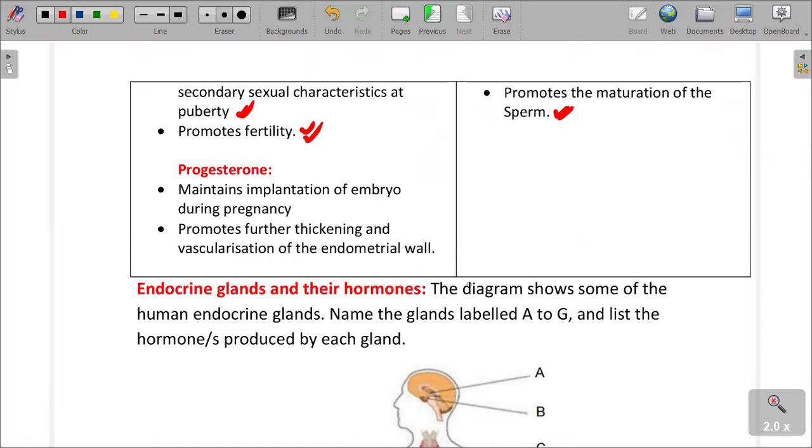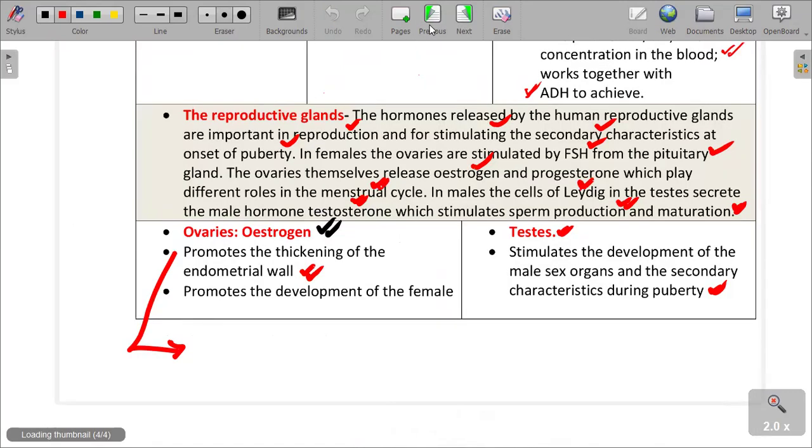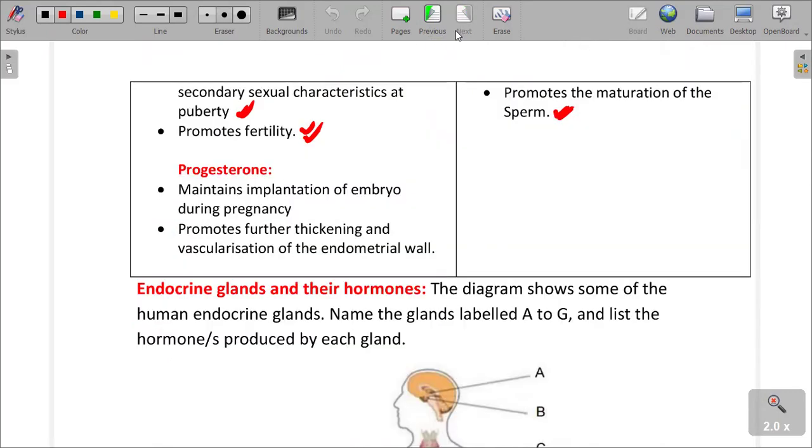So don't be confused. Keep on following properly and get connected well. The testosterone hormone causes the male secondary characteristic development, and it also causes the maturation of the sperm cells.